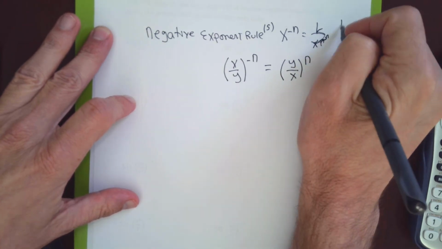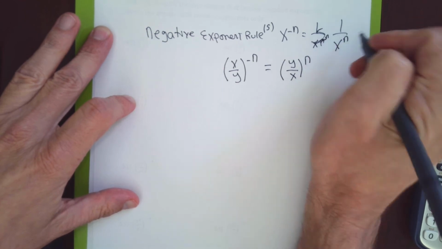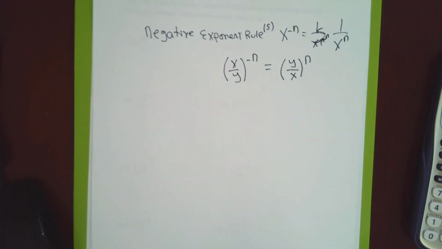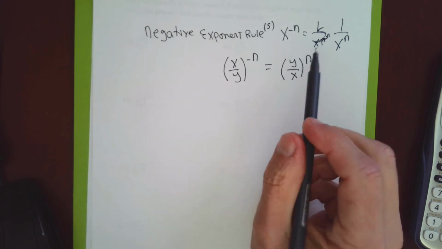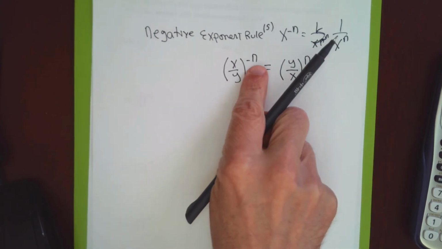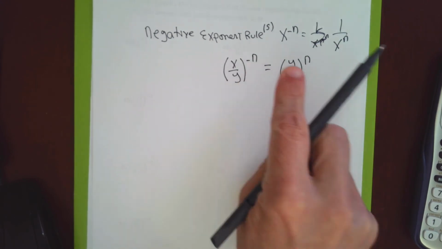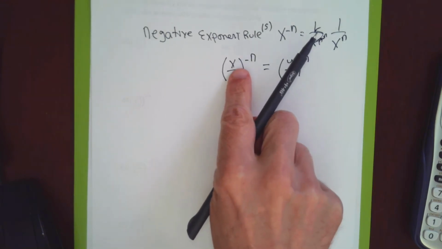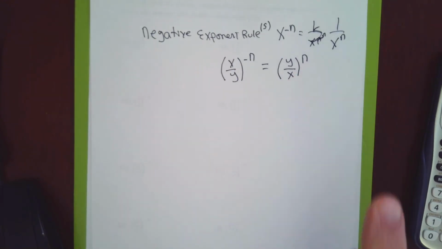That doesn't look right. So the shortcut that we're going to involve for the next few problems, if we have a negative exponent and it's outside a fraction, the shortcut is to flip the fraction and make the exponent positive.